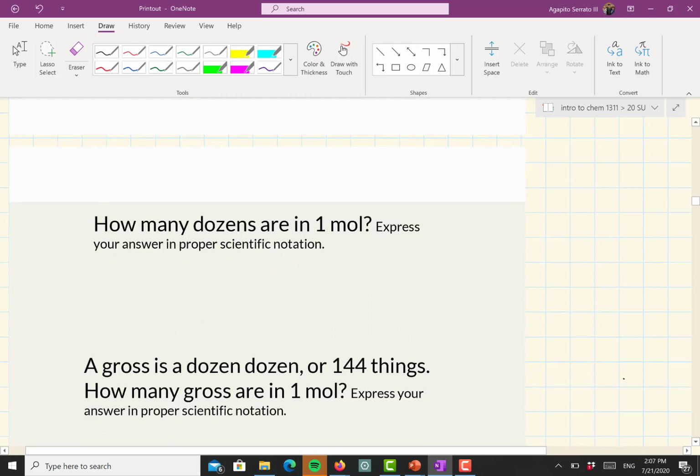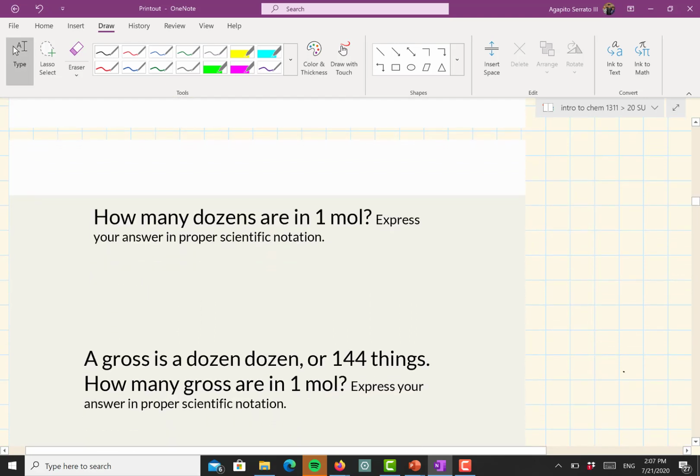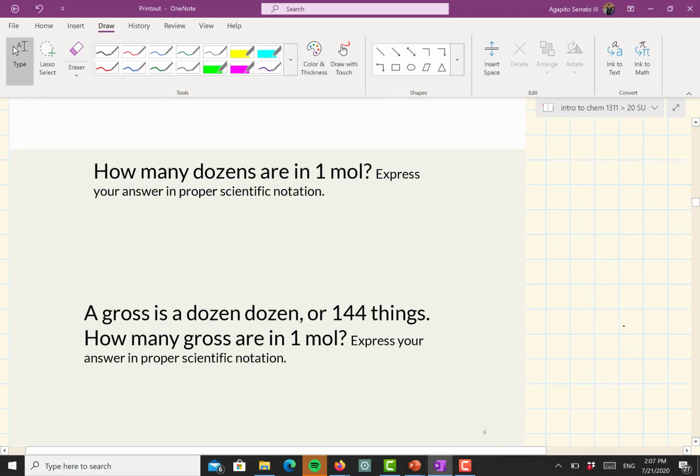So let's work this out. Let's do a couple practice problems. First off, how many dozens are there in 1 mole? Well, first off, recall, what is 1 mole equal to? This is Avogadro's number, which is equal to 6.022 times 10 to the 23rd things.